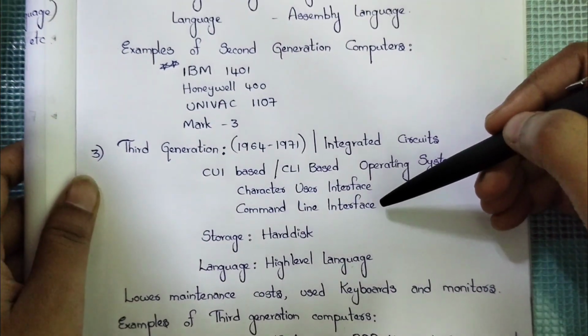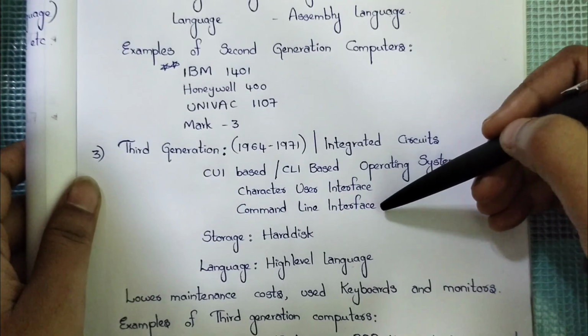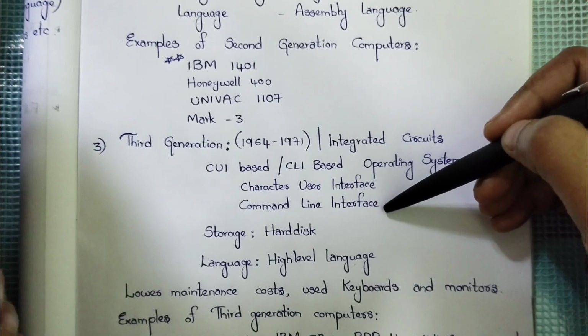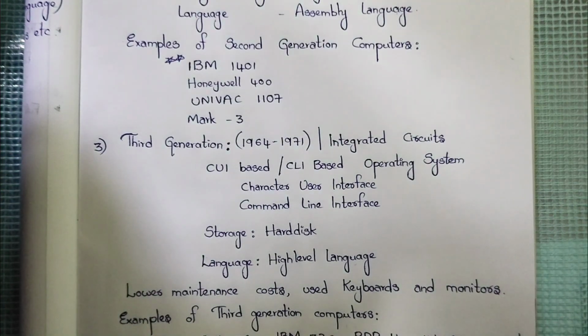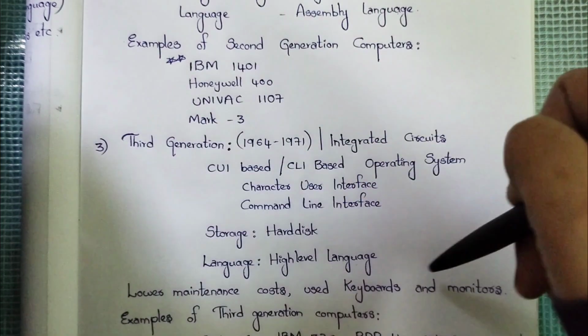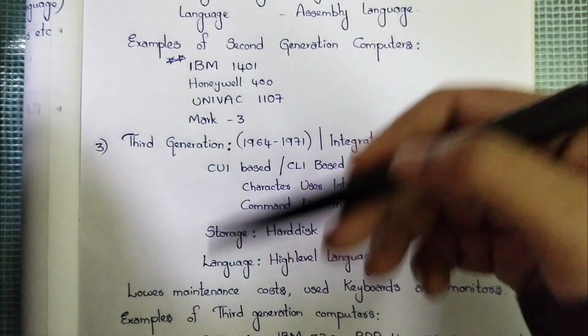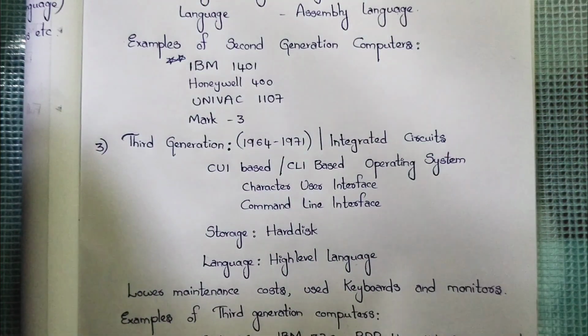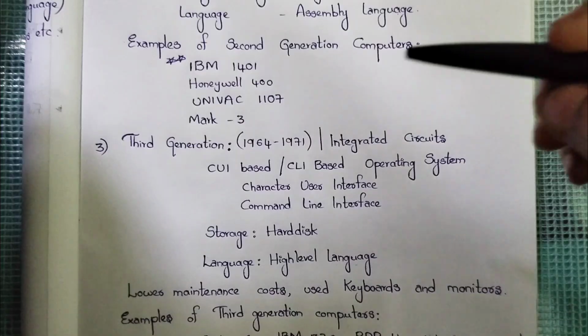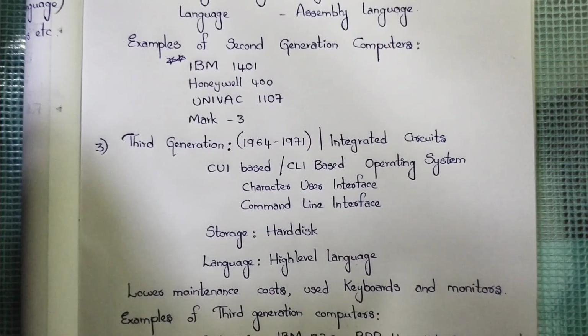I bet you have definitely seen this command line interface in movies. Have you seen in movies, while there is a scene of hacking or anything, there will be a black background. On the black background you will see white characters or green characters. That is what a command line interface is.